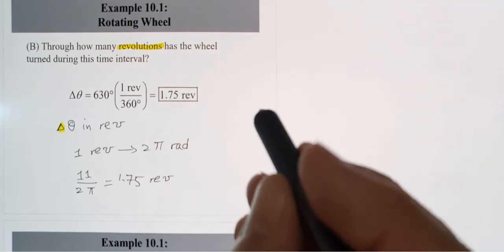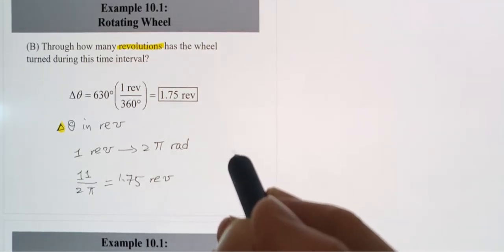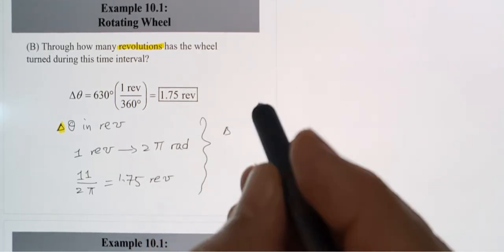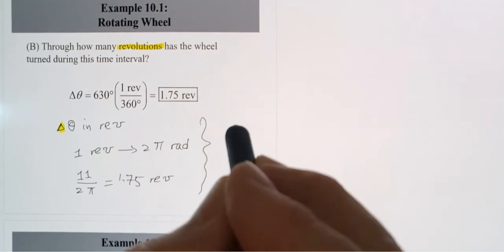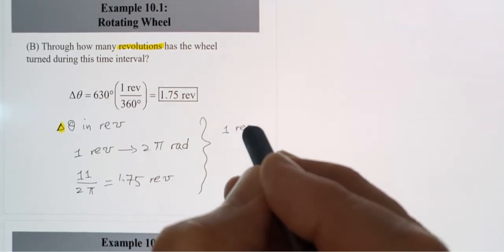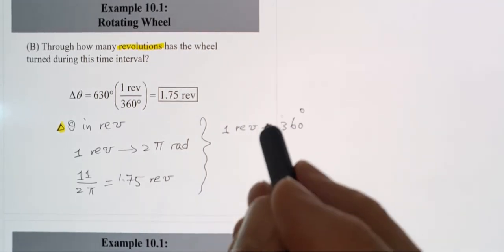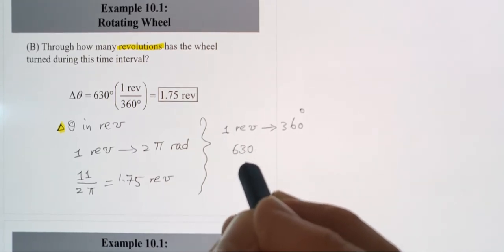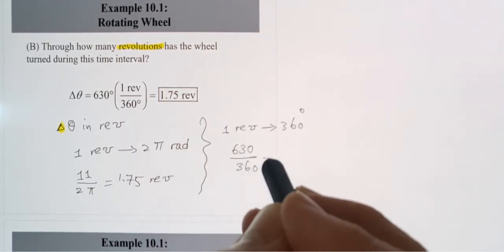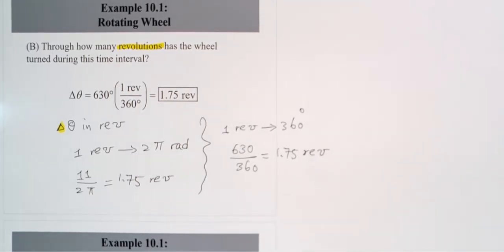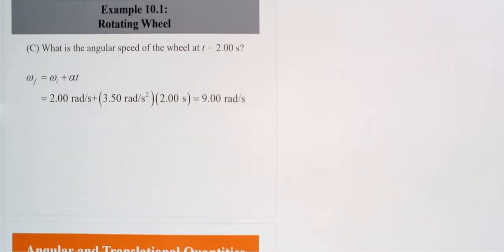If you want to do it in degrees, one revolution is equal 360 degrees. So that means 630 degrees divided by 360 is equal 1.75 revolution. Very easy. We need just to adjust to the relation between linear and angular.